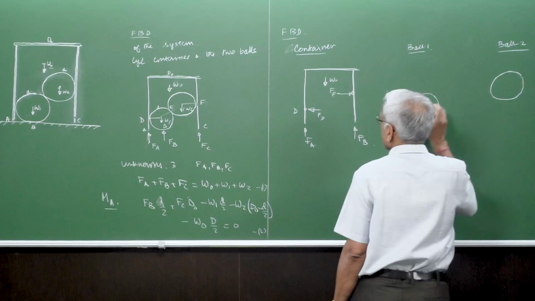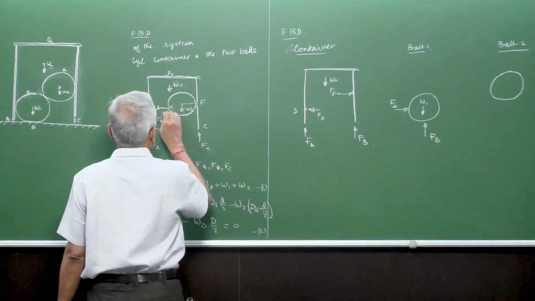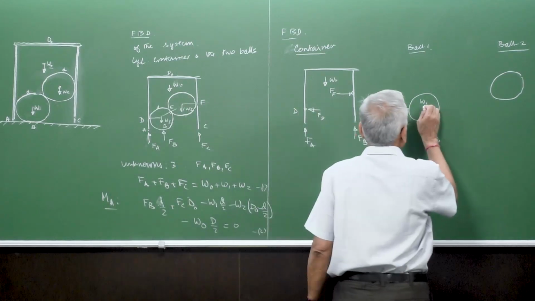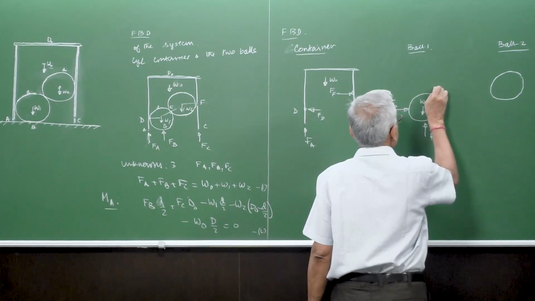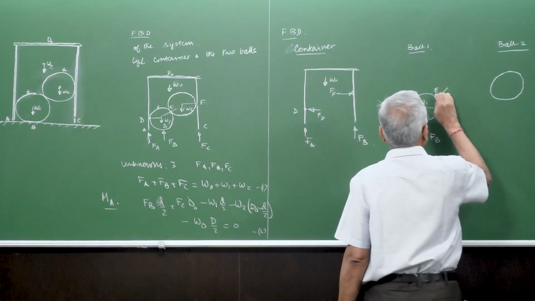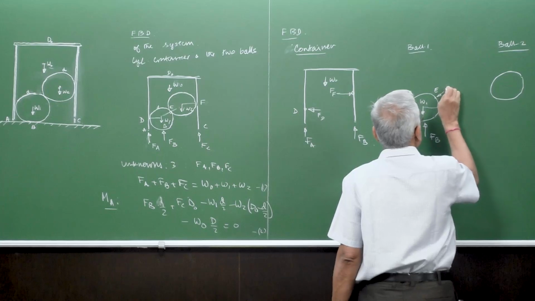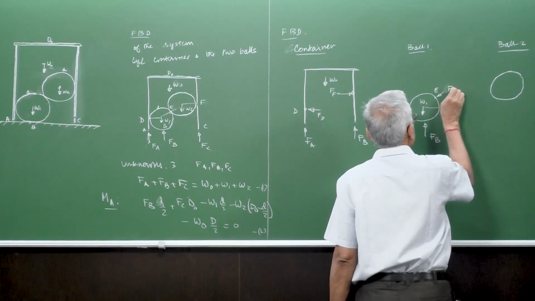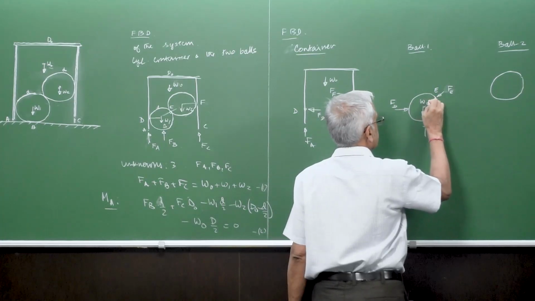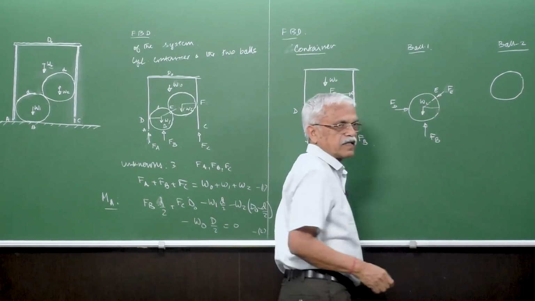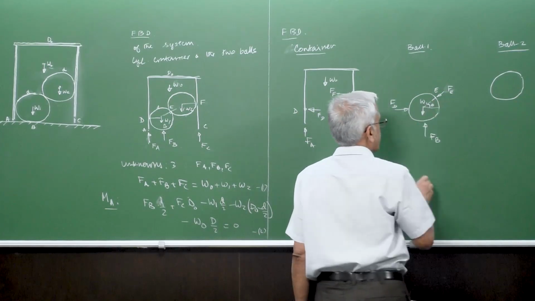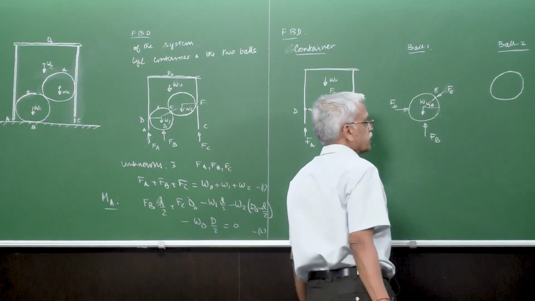And then there is also another force here at point E. At E they are touching each other, so at point E there will be a force Fe acting normally to the surface, and we can also say that it is going radially at some angle, say phi. What is that phi? We will see the geometry just now.